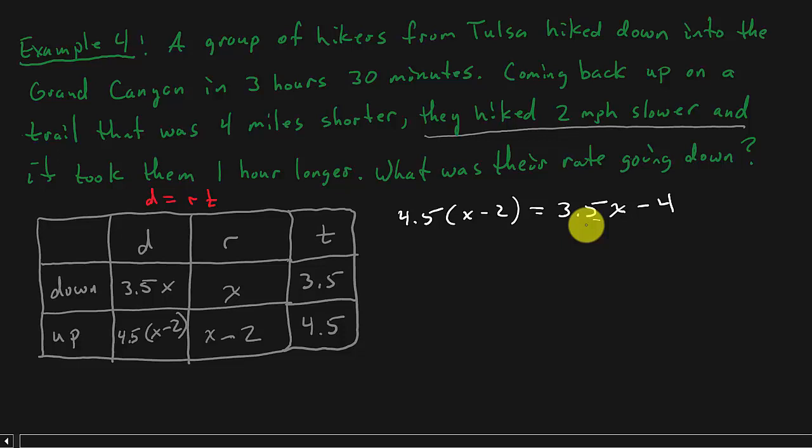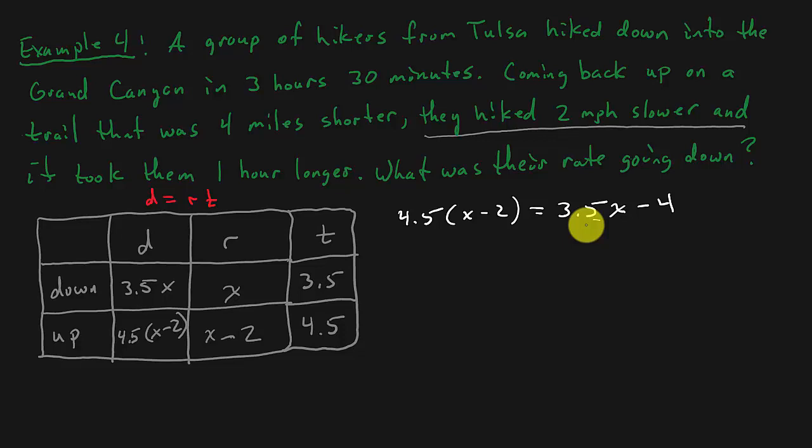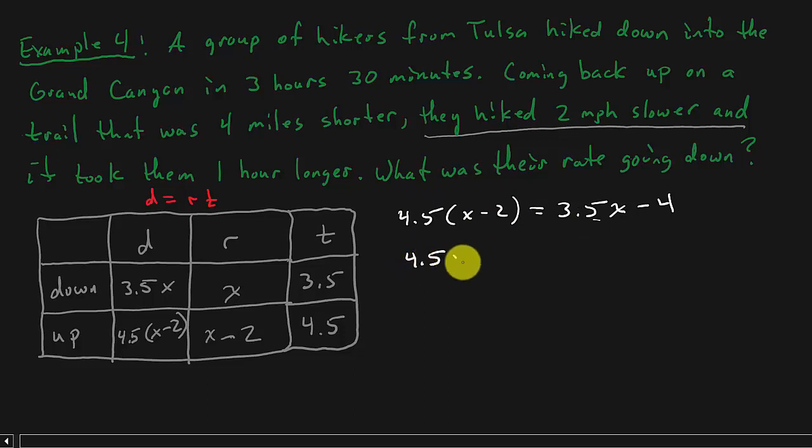What's 4.5 minus 3.5? It's 1, isn't it? You see that? So let's distribute. 4.5x minus 4.5 times 2 is 9. That equals 3.5x minus 4. And then there you go. Let's subtract 3.5x from both sides. And let's add 9 to both sides. And so that gives us x is equal to 5.